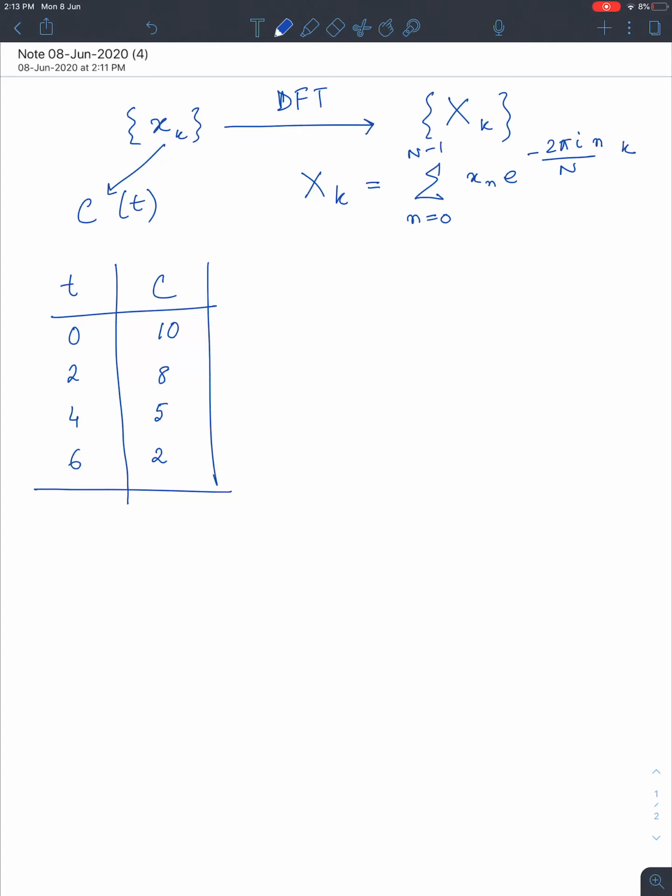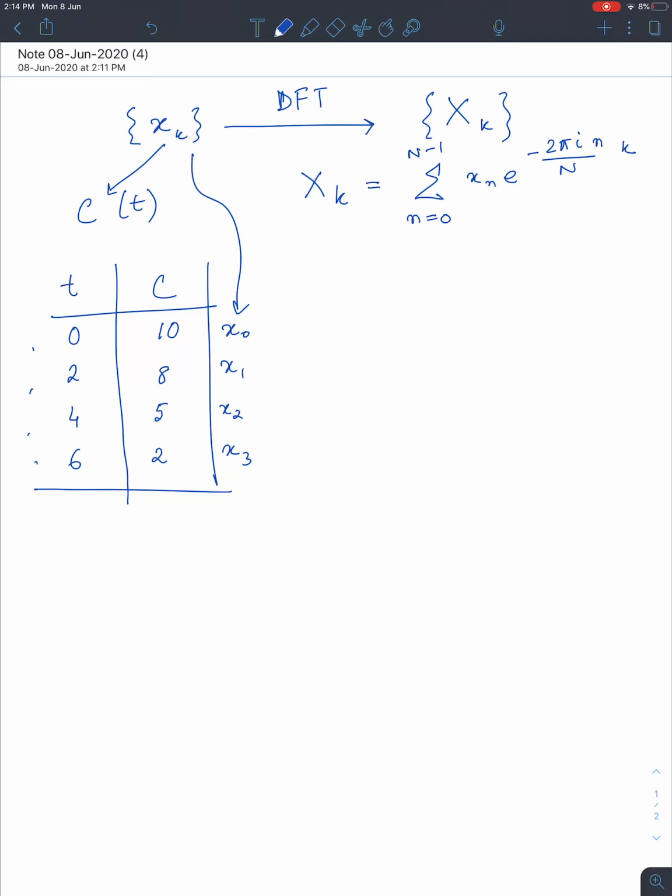We can call these C0, C1, C2 and C3, or keeping with x, call them x0, x1, x2 and x3, which are my original data, and from there I want to do a discrete Fourier transform. It is discrete because the values are at discrete time points.